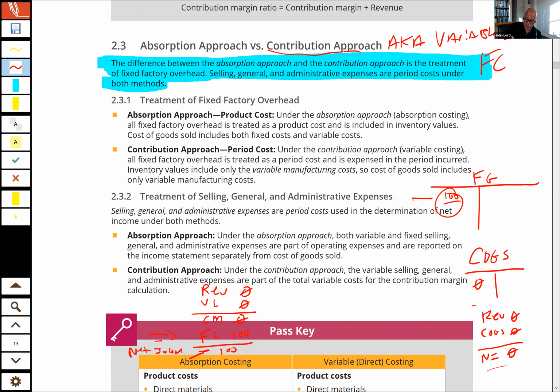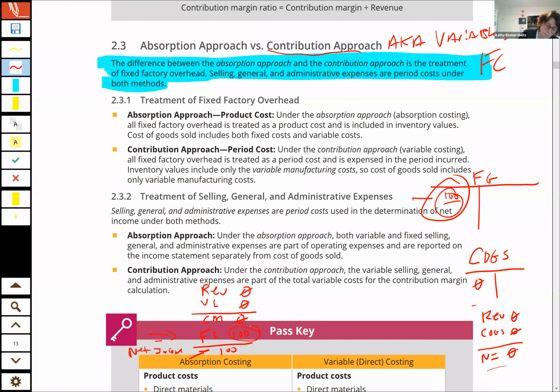And the difference is the amount of manufacturing fixed costs here, right? Yeah, I'm still really confused about the timing now. So you have to sell it to recognize the cost? Under absorption, under GAAP, yeah. Under the matching principle, yes. I don't take it until I sell it. Whereas under the contribution approach, I'm taking it immediately in the period that's incurred.